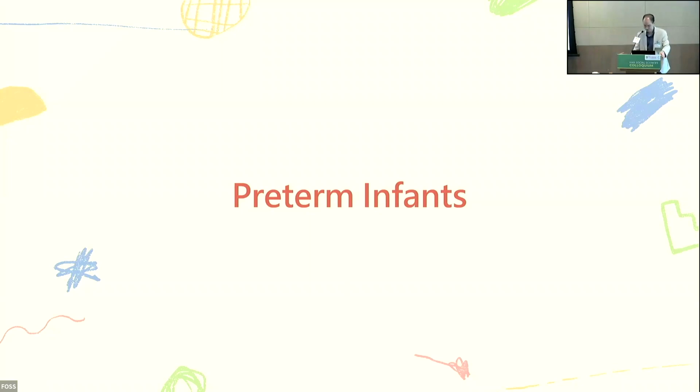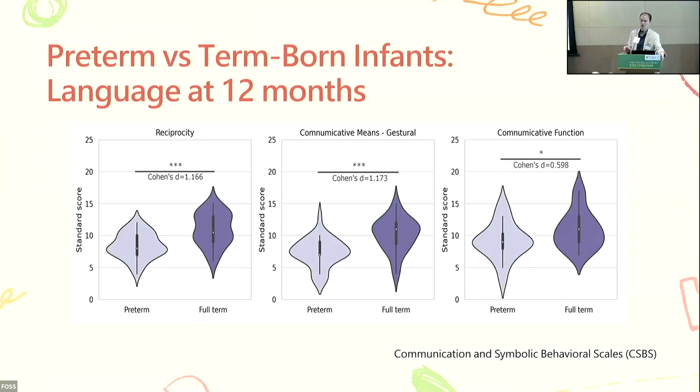Preterm infants. From newer results from the literature, and certainly by now our local data, we now know that children who are born preterm compared to their full-term counterparts, their language and cognitive abilities are a little behind.